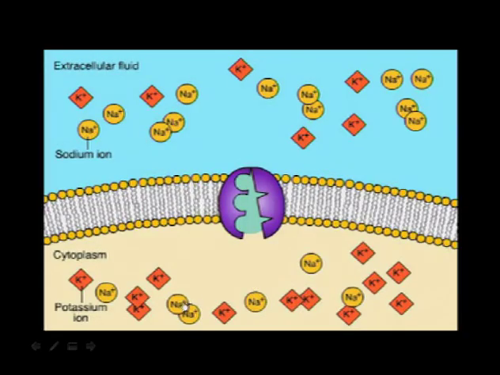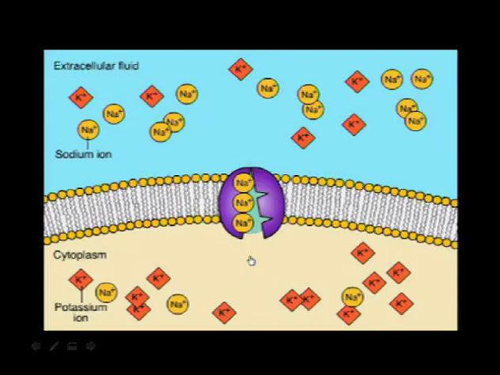Now, in active transport, again, cellular energy is required for this. And the other aspect of this is that particles can go from where they are less concentrated to where they're more concentrated. So in this animation, we're going to see sodiums being transported in one direction, potassiums being transported in the other direction. And you'll notice again that there are complementary shapes.